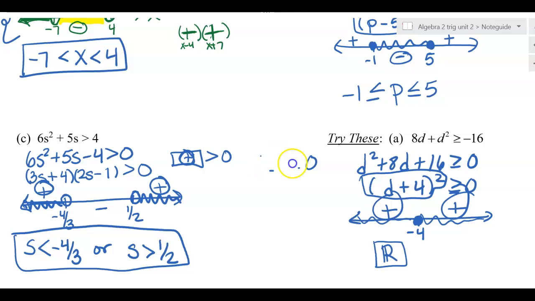Okay, and what if there are no solutions to the quadratic? Could there still be solutions to the inequality? Yeah, because you would have nothing hitting the number line, right? But that means your whole thing either exists in the positive or the whole thing exists in the negative, and it would just depend on what the inequality is asking for.